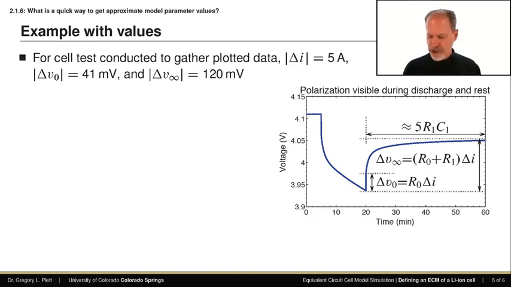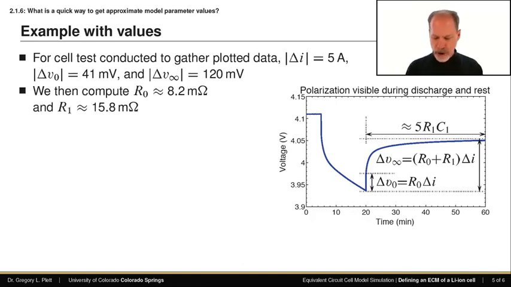And then I measured, well, how much did the voltage change instantly when current was removed? And that was 41 millivolts. And then how much did the voltage change between its minimum value and its steady state value? And that was 120 millivolts. So we can use these values. That's what we need in order to compute the R0 and the R1.